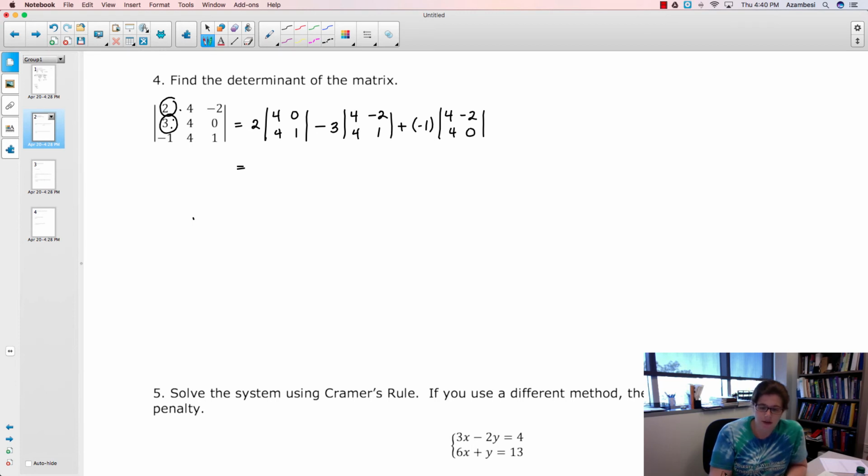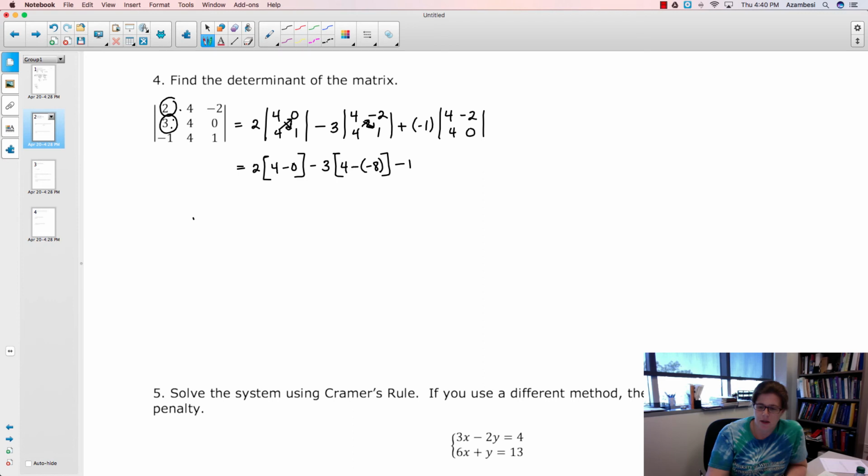Now for the rest, I'm just doing the 2 by 2 determinants. So here 4 times 1 minus 4 times 0, and minus 3, 4 times 1 minus negative 8.